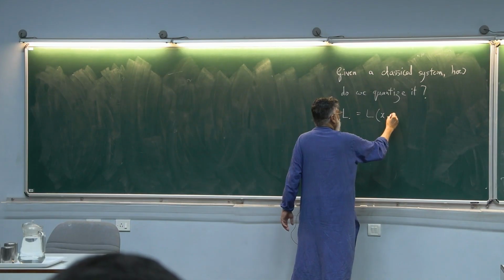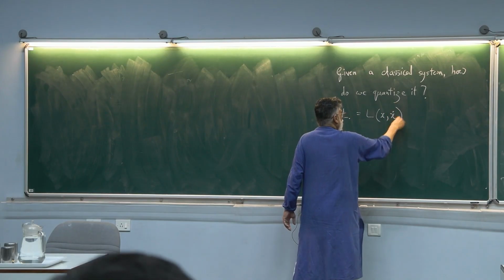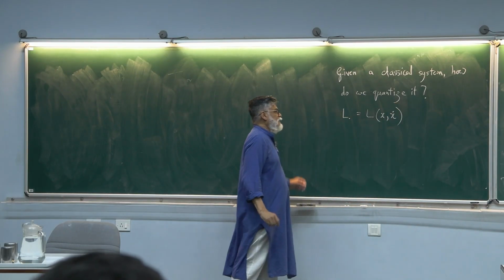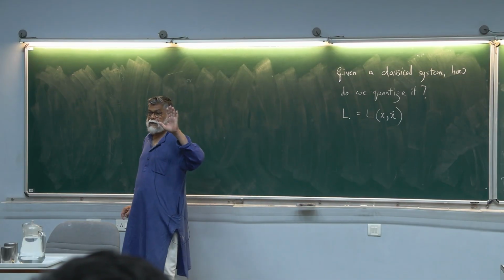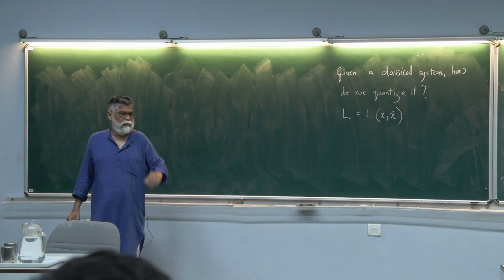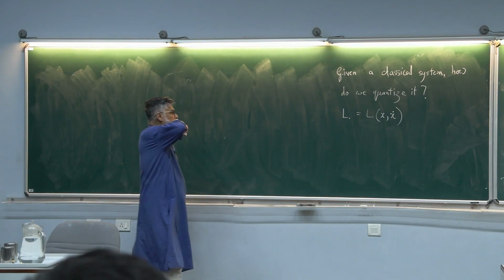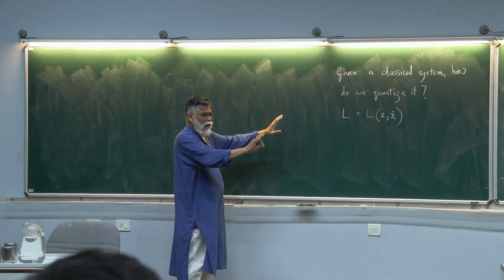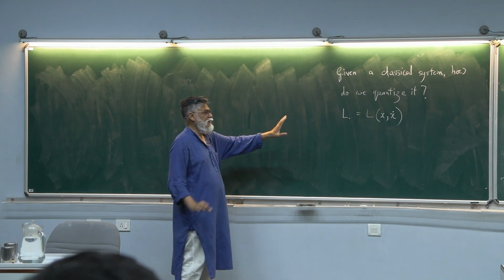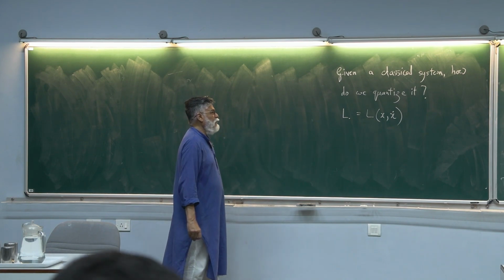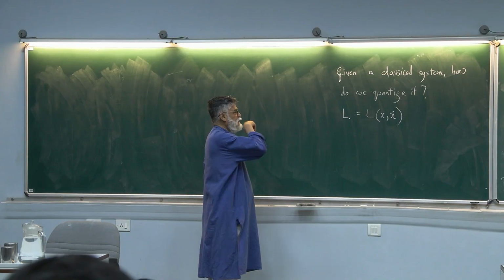I'll use x and x dot, and in general it can have explicit dependence on time, but we are talking about a conservative system where energy is conserved, so we will not include an explicit dependence on time. So a classical system, I will illustrate using only one degree of freedom. So x is the single degree of freedom and x dot is the generalized velocity.